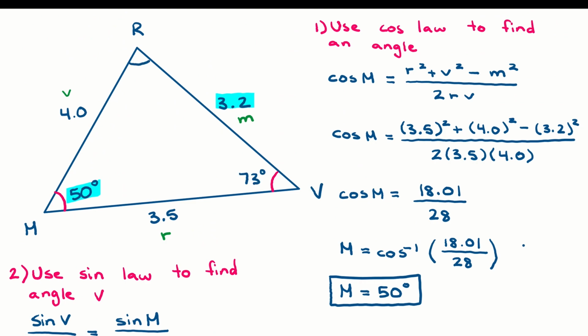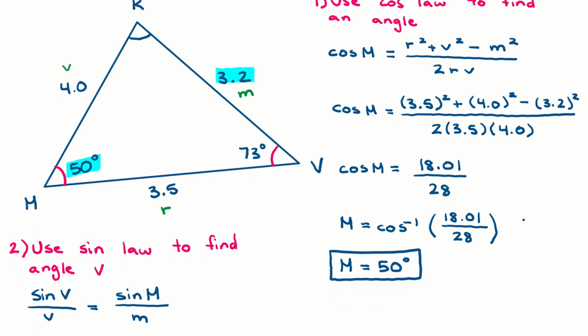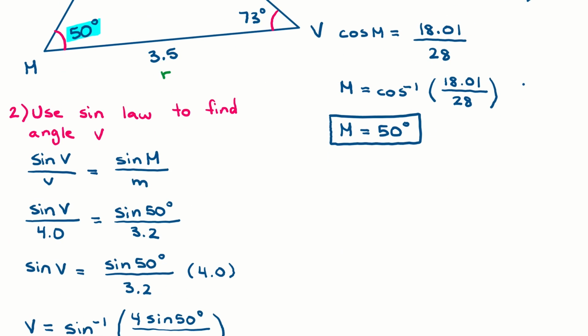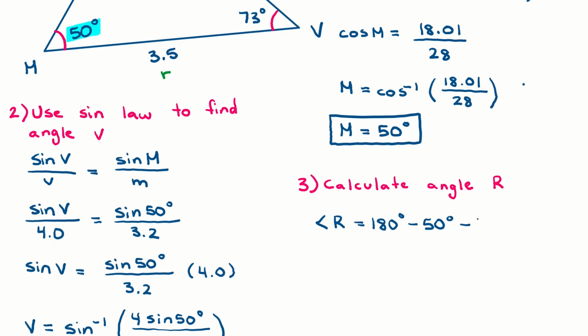And then we just have to find one more angle, which is angle R. Now, once you have two angles in a triangle, it is very easy to get the third angle because all angles add up to 180 degrees, which means we can very easily just calculate angle R. So angle R is going to be equal to 180 degrees minus 50 minus 73.